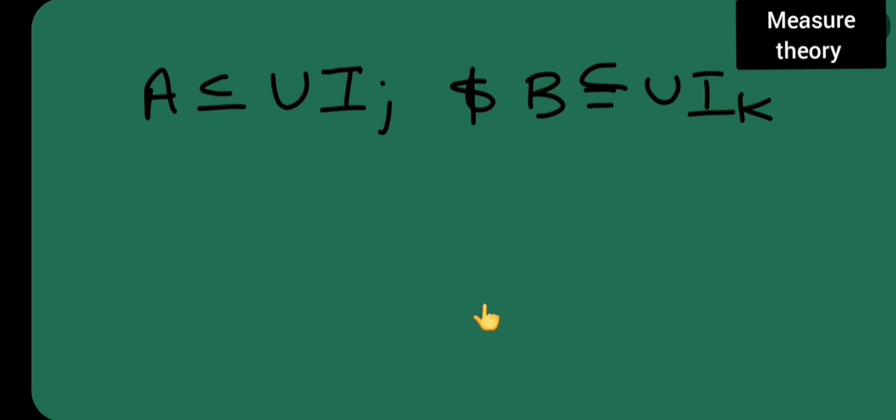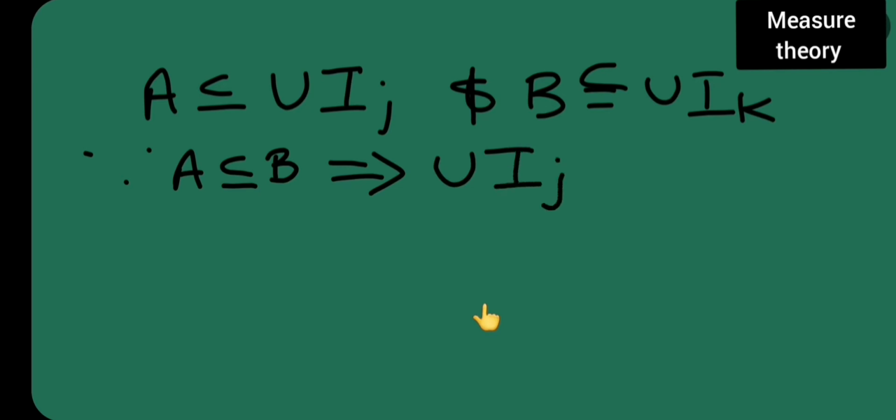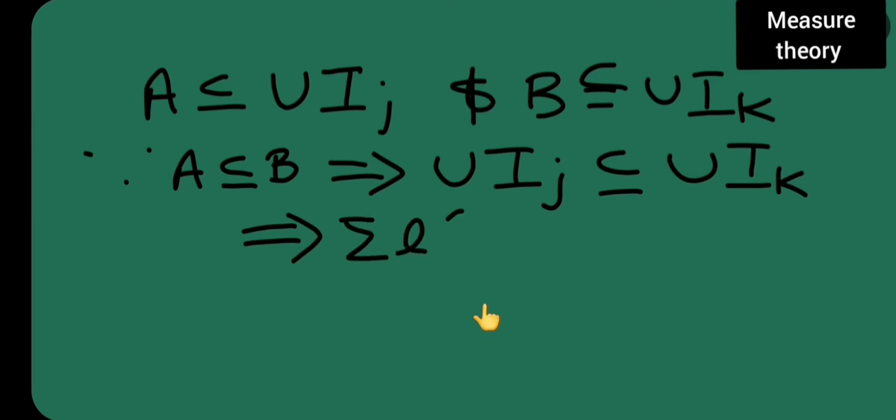Now since A is a subset of B, it implies that the union of Ij is a subset of the union of Ik. Now this implies that the summation of length of Ij is less than or equal to the summation of length of Ik.